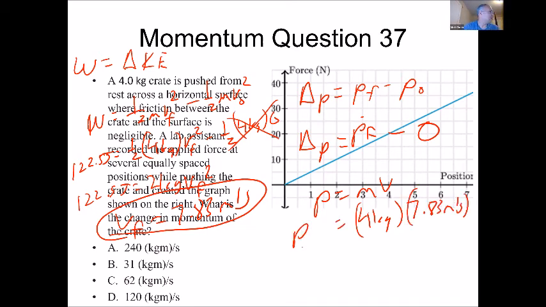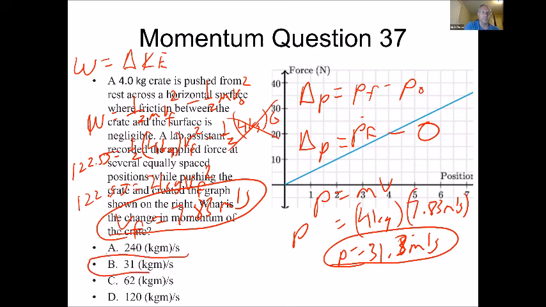Multiply that out, and that tells us that our momentum is 31.3 kilogram meters per second. That's our final momentum. And since our initial momentum was 0, that's also our change in momentum. So it's looking like choice B is our best answer on number 37.